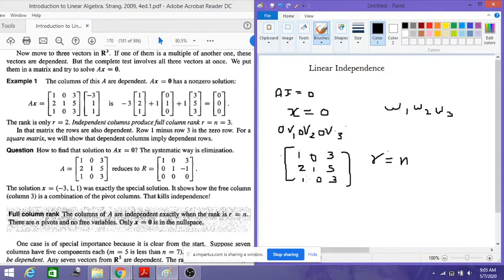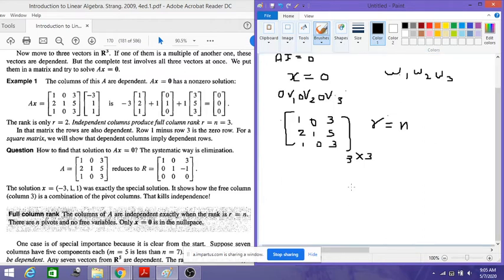What is the value of n here? There are three columns, so it's a 3 cross 3 matrix, with 3 rows and 3 columns. For linear independence, the rank of the matrix should be equal to the number of columns. Here the number of columns is 3, but is the rank 3? That is what we checked yesterday.